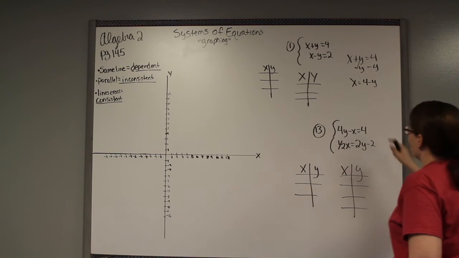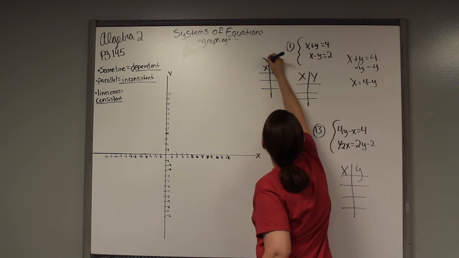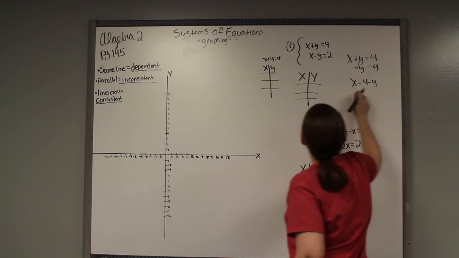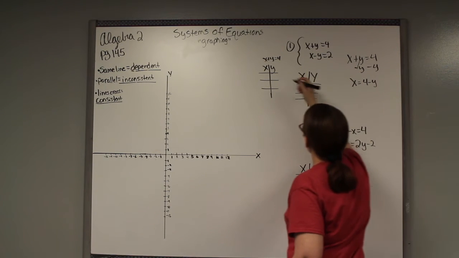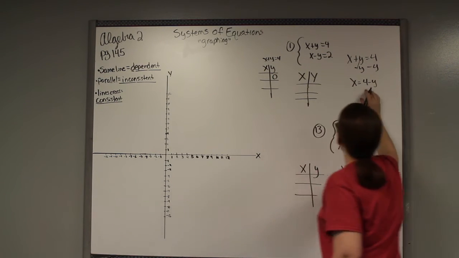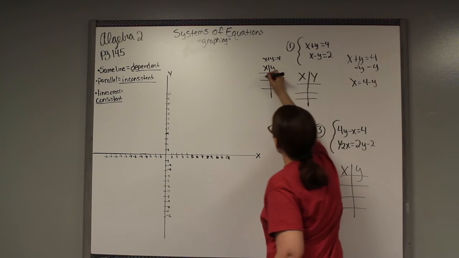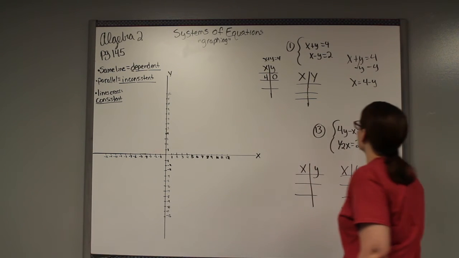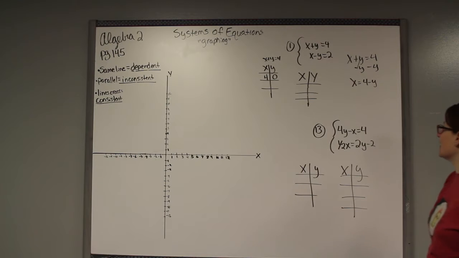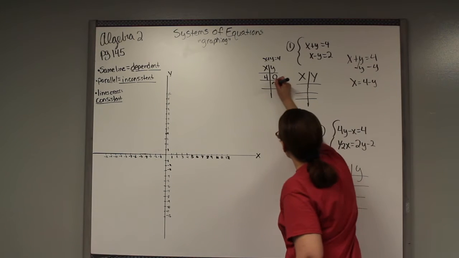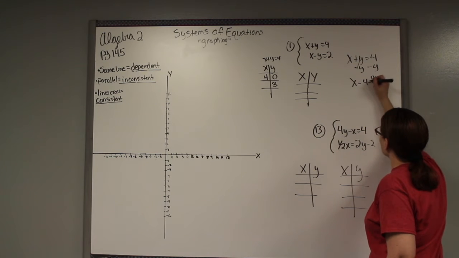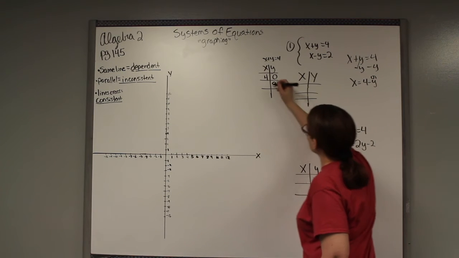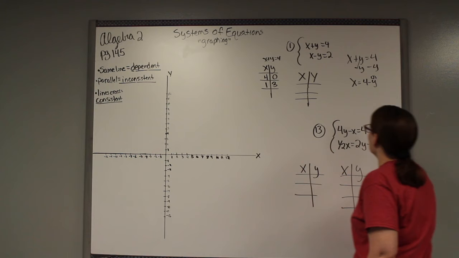Okay, so when I'm solving this one, I will write it up here, x plus y equals 4. Whatever I put in for y will tell me what x is. So if I say y is 0, 4 minus 0 is 4, x has to be 4. If I say y is 3, 4 minus 3 is 1, so x would have to be 1.